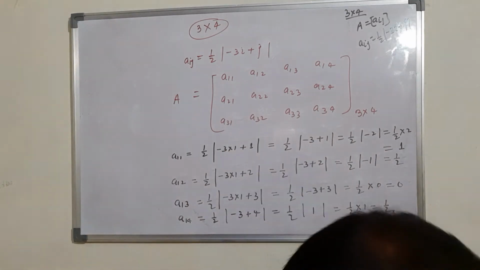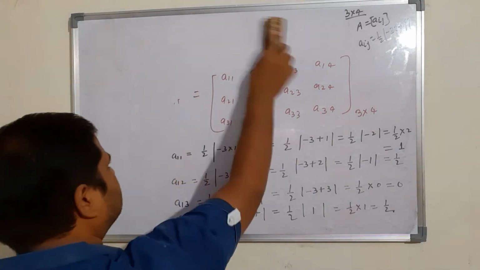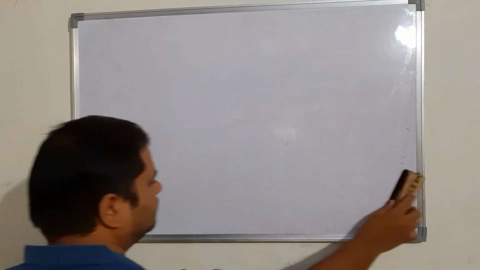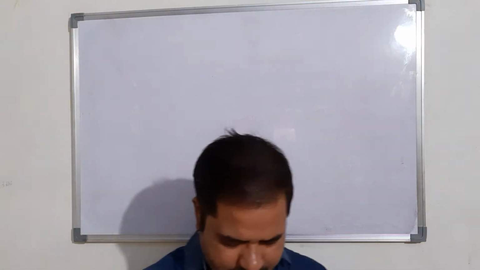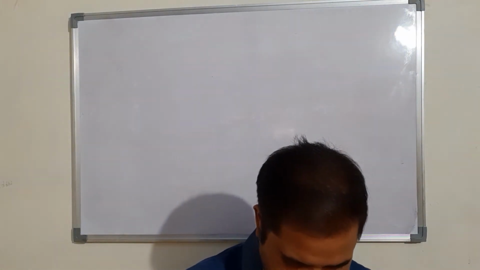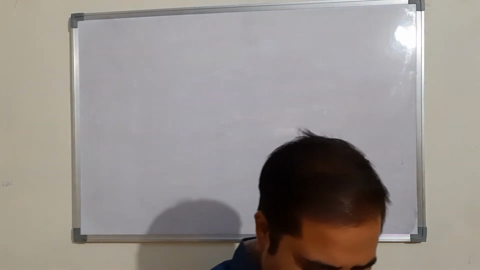Okay. Now the next question is: find the values of A, B, C and D from the equation.